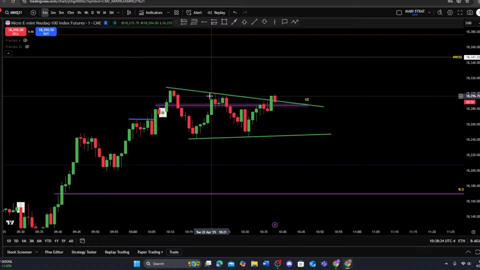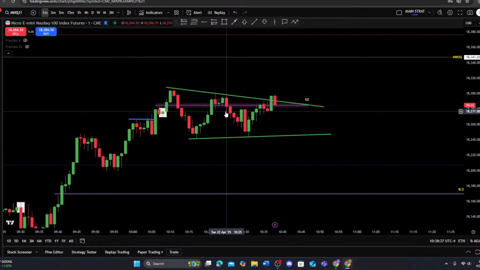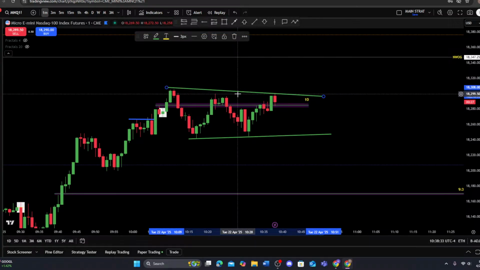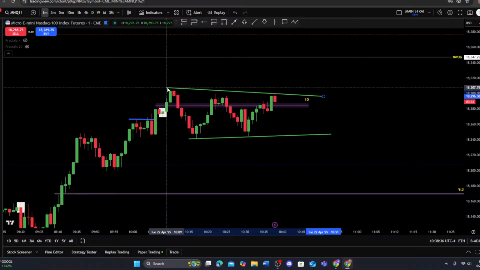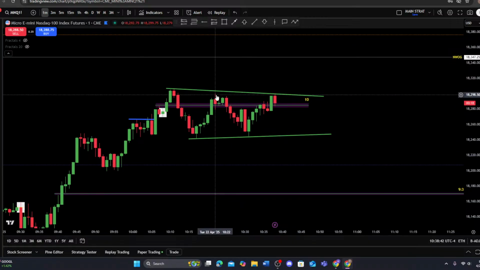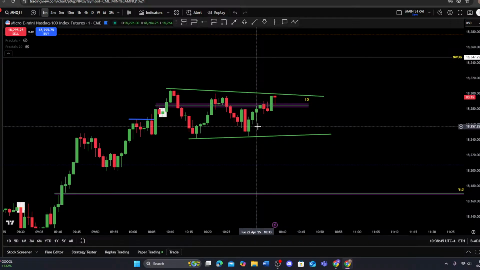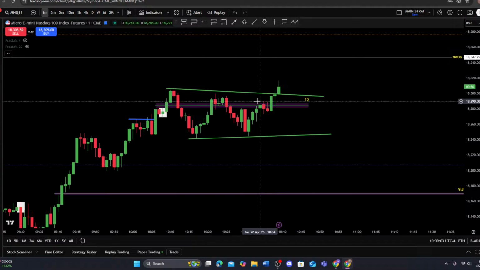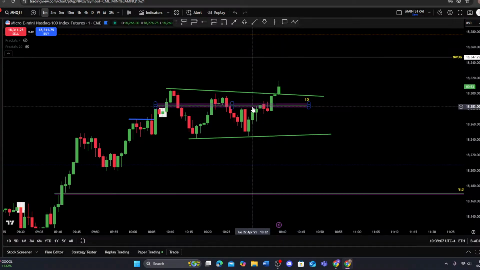Just above. We are back now over that fair value gap at 10 o'clock.